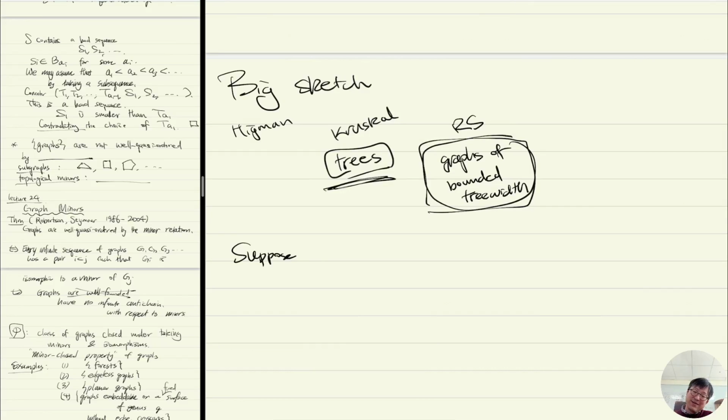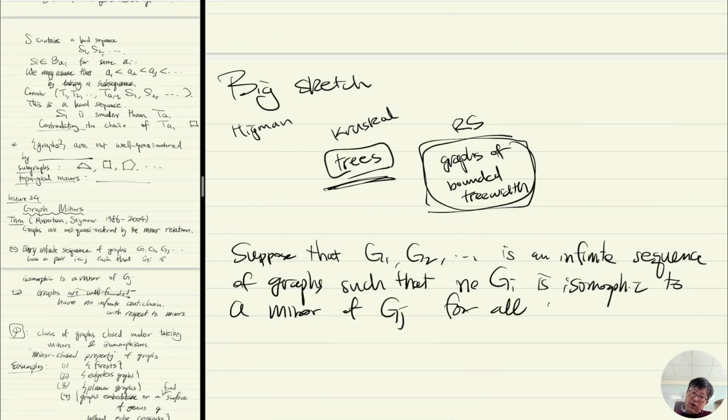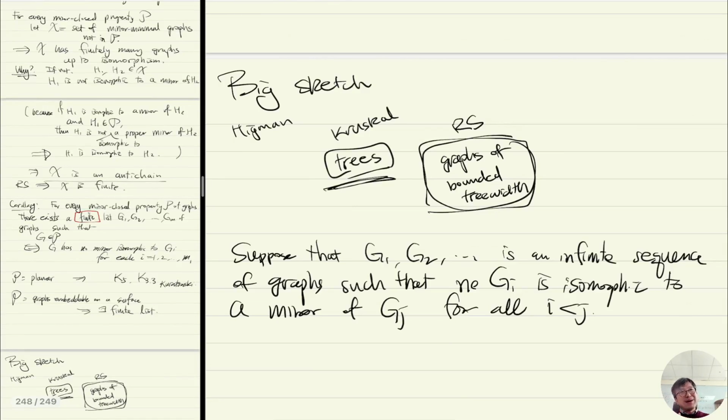Now, suppose we wish to prove the graph minor theorem. Suppose that we have an infinite sequence of graphs G1, G2, ... such that no Gi is isomorphic to a minor of Gj for all i less than j. If the graph minor theorem is false, then you must have a bad sequence, and the bad sequence is something like this.